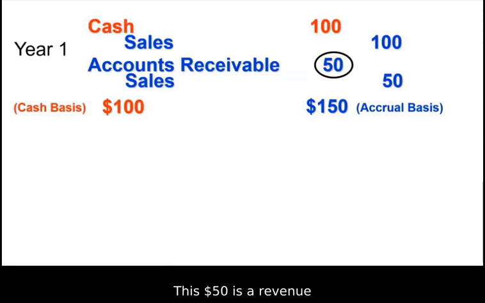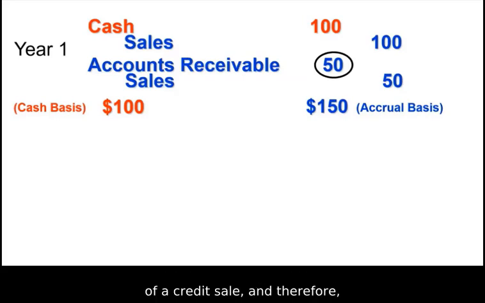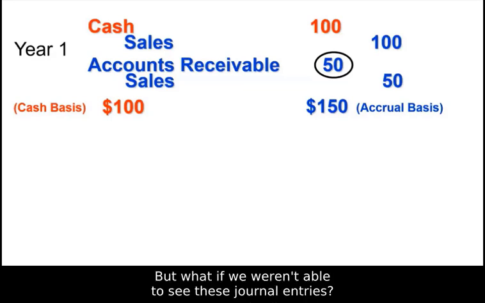This $50 is a revenue for accrual basis, but not cash basis. In other words, the reason that accounts receivable increases is the result of a credit sale, and therefore an accrual basis revenue is recognized. But what if we weren't able to see these journal entries?